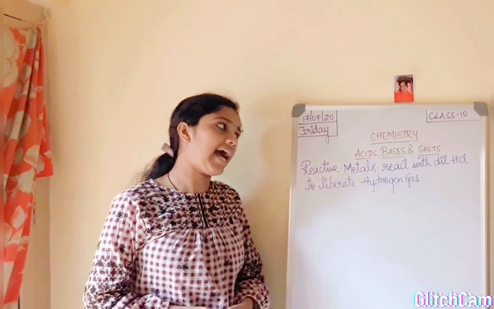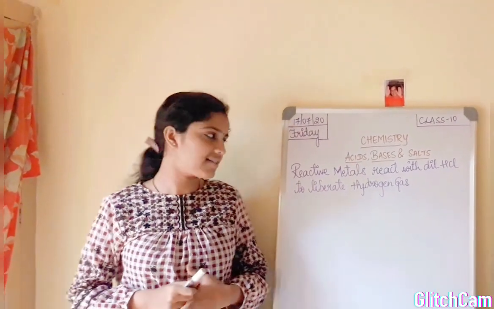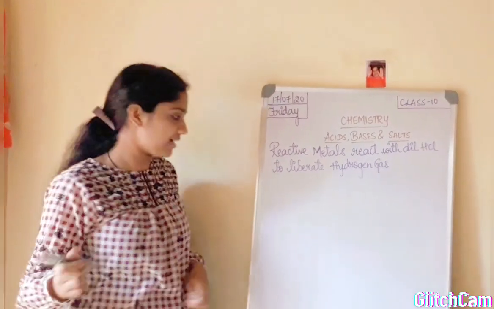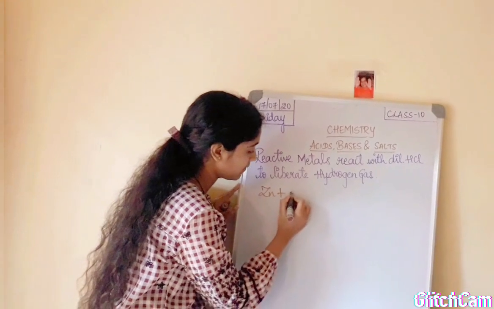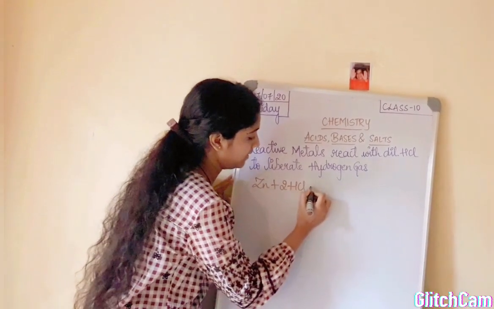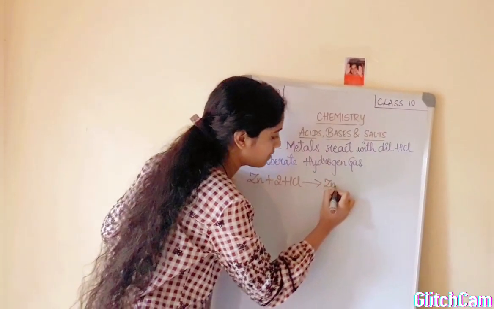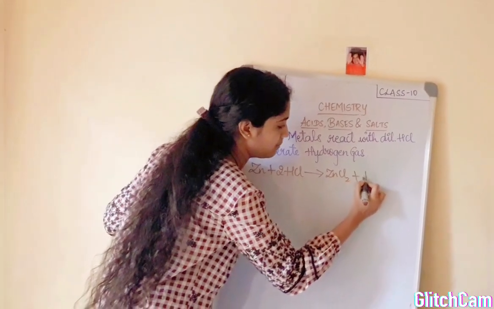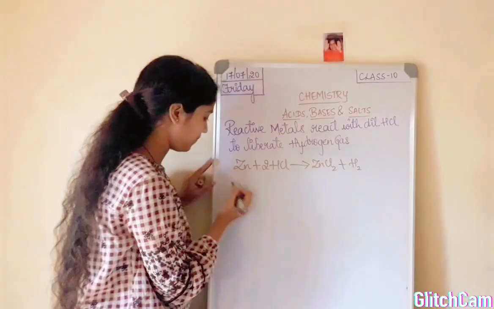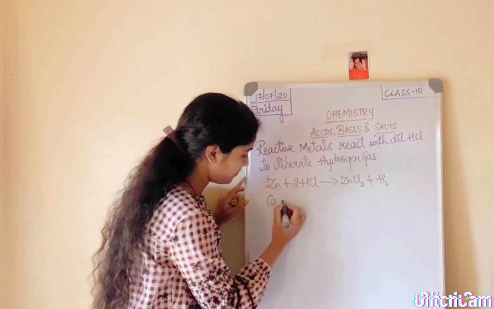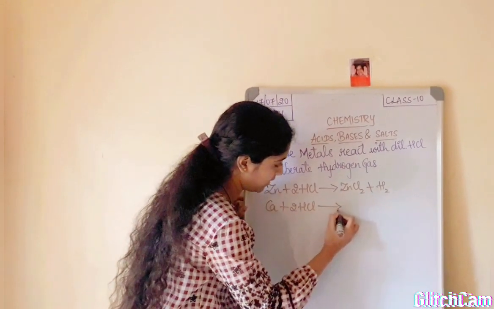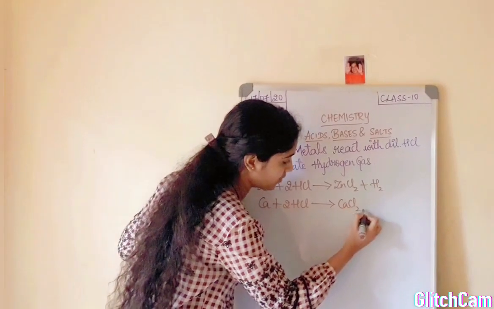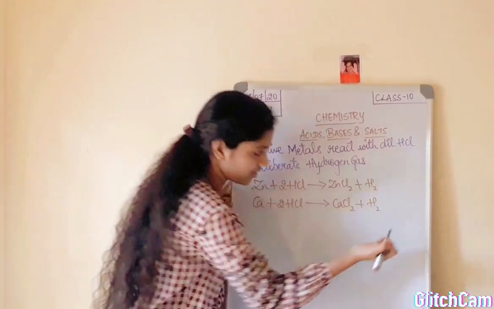Reactive metals react with dilute hydrochloric acid to liberate hydrogen gas. So, zinc plus HCl gives zinc chloride plus hydrogen gas. Next, calcium plus hydrochloric acid gives calcium chloride plus hydrogen gas.